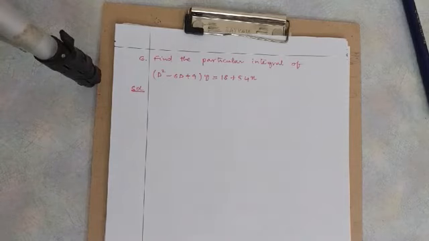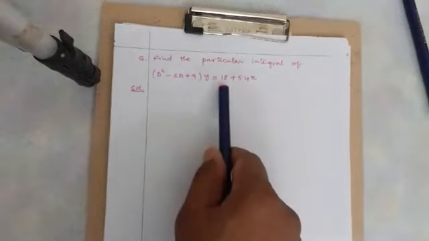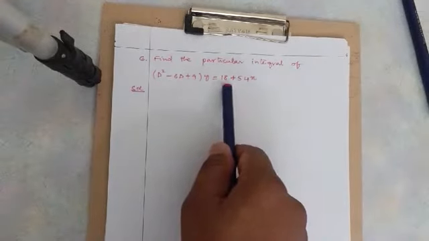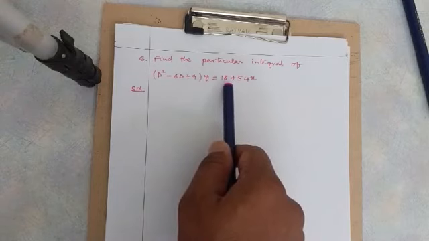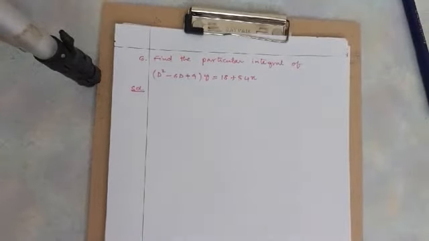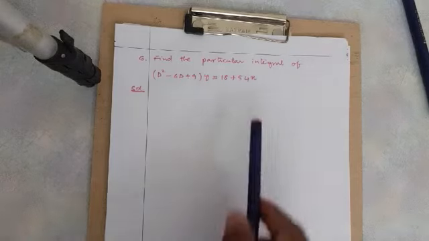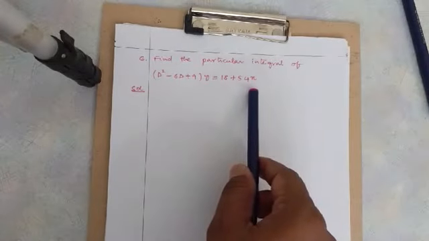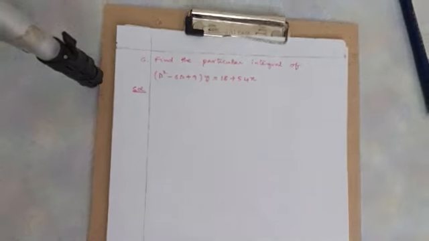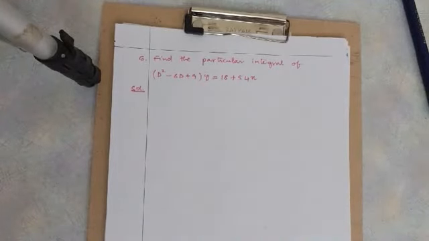If you observe, we have 18, so we multiply this with e power 0x, so that it becomes the first case. Now 54x is case 3, where phi of x is equal to x power k.